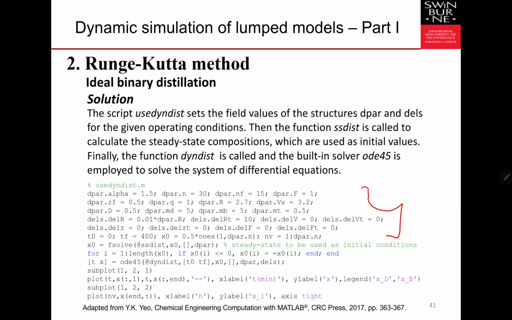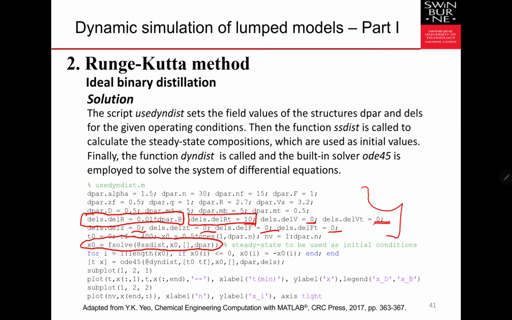Okay, and we notice that the most important thing in here is that the change in the reflux ratio is defined as 0.01 multiplied by d par r, and since this change happens at 10 minutes, this will be put as 0. Note that there is no other change in the other variables, so this will be 0, 0, 0, 0, 0, and 0.